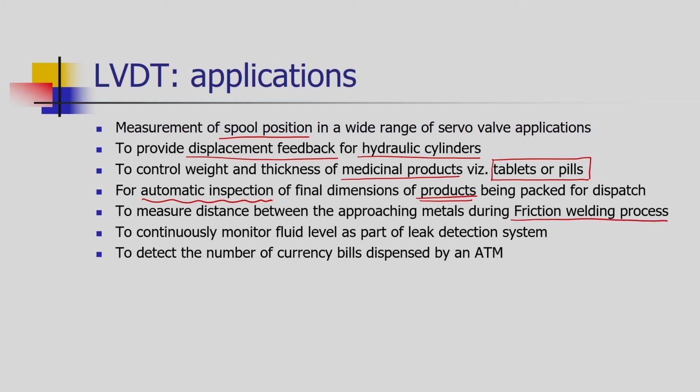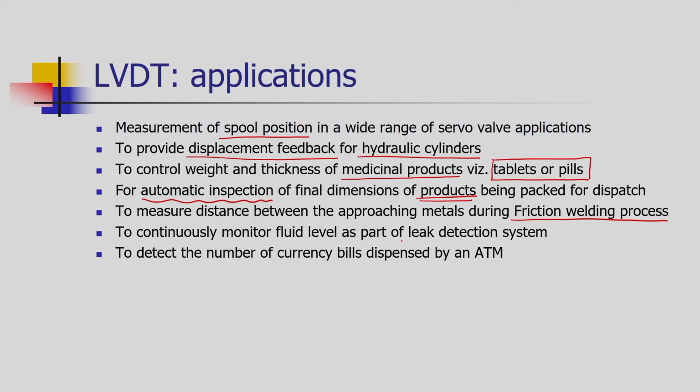In the friction welding process, we need to control the distance between the two metal sheets which are to be welded. The precise movement of one plate with respect to the other plate is monitored by using LVDT sensors.